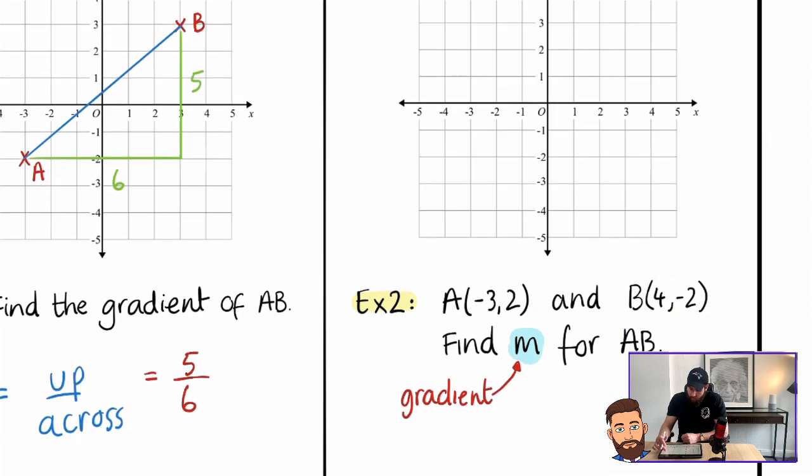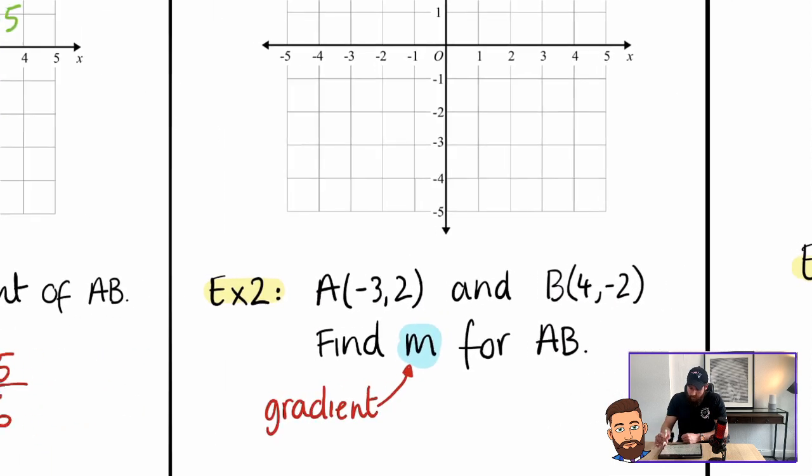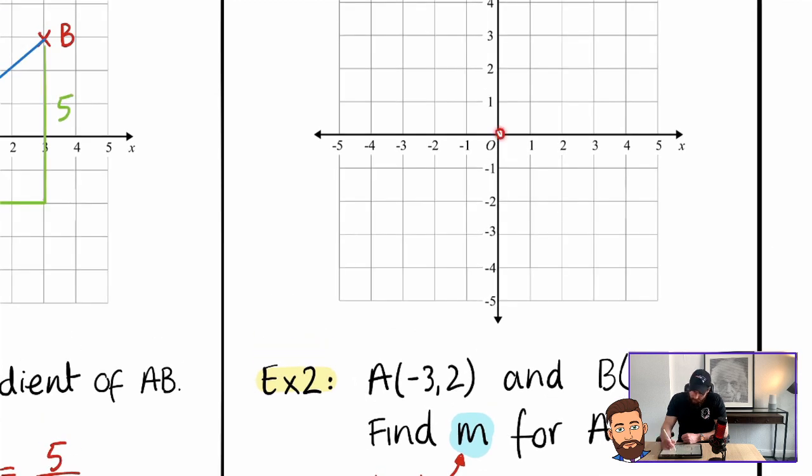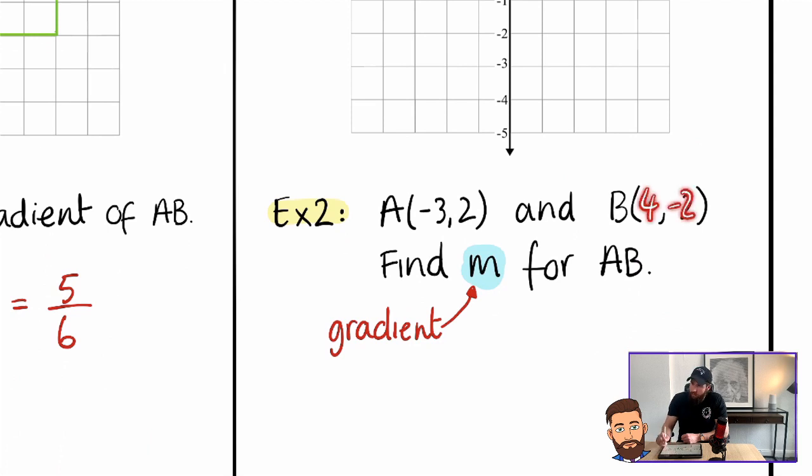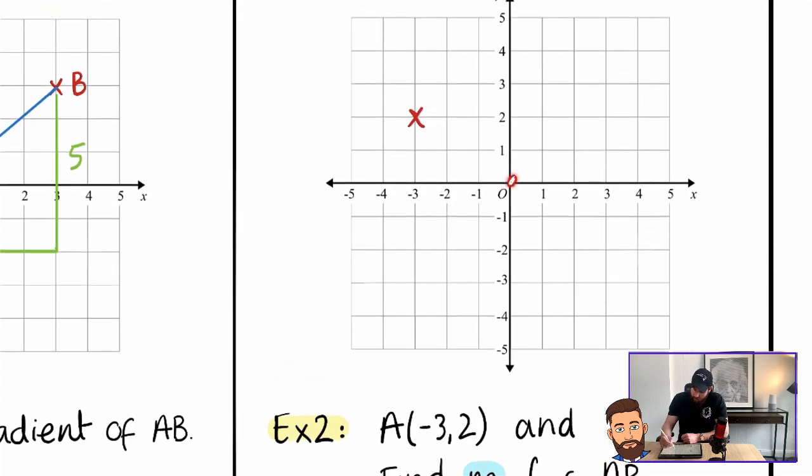So if we plot A, it is minus 3, 2. So starting at the origin, go to minus 3 on the X and 2 on the Y, we're going to get to this point here. And B is 4, minus 2. So we will go from the origin across 4 and down minus 2. That would take me to this point here.